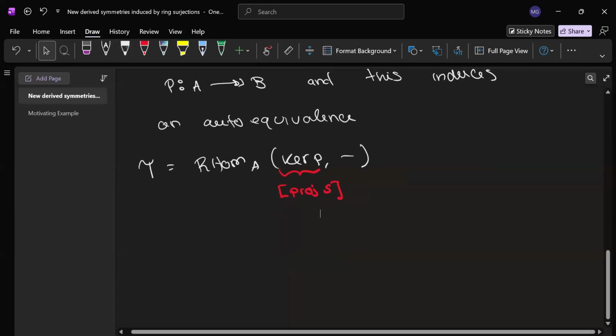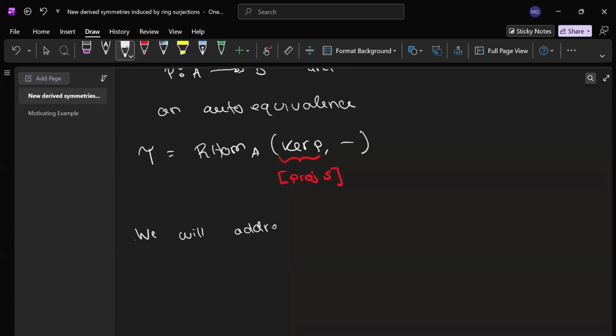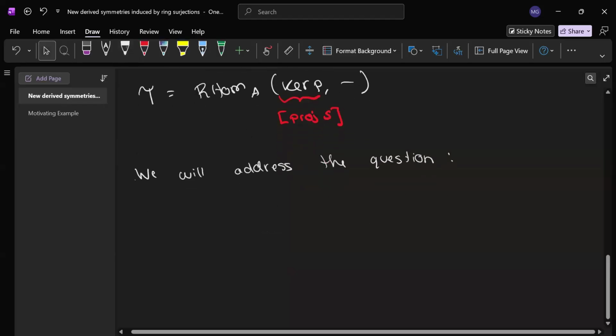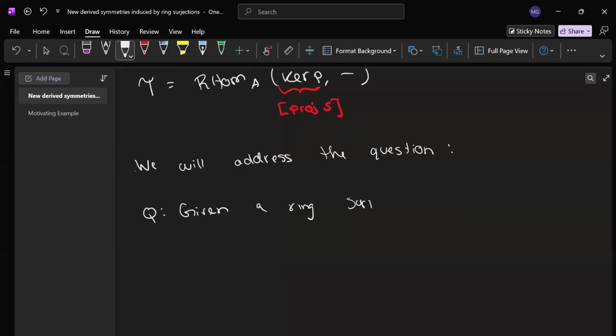So the question we're going to address today is, if we're given a ring surjection from A to B, then when is this functor curly T an equivalence?